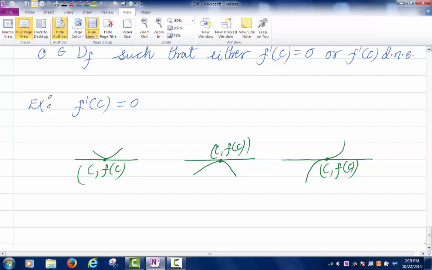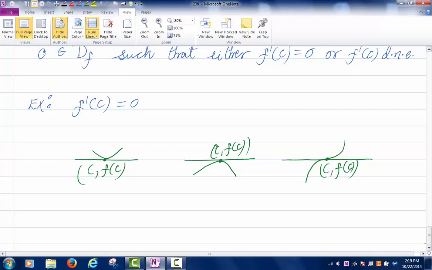And then I'm saying if the derivative at c is 0, it means the tangent line is horizontal at c. So either the graph looks like this, or the graph looks like this, or there is a third possibility. In the first case I have a local min, second case I have a local max, third case I have neither.